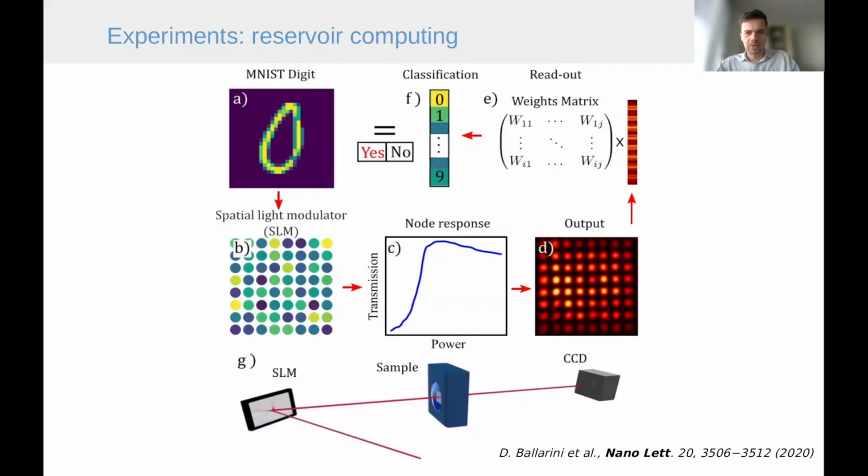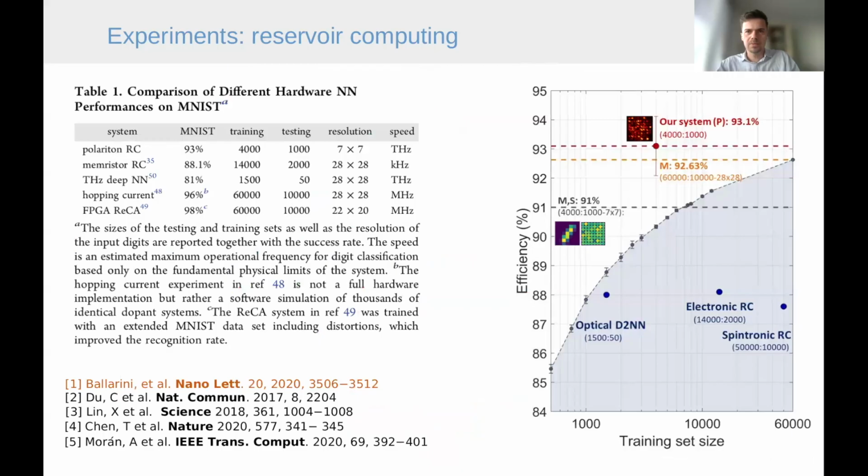Okay, so now another question from Camilo. In an experimental context, what does the training phase look like? Does it involve tweaking the experimental setup? Yeah, that's a very good question. Again, there are two ways to do it. You can build an electronic model or software model of the experiment.